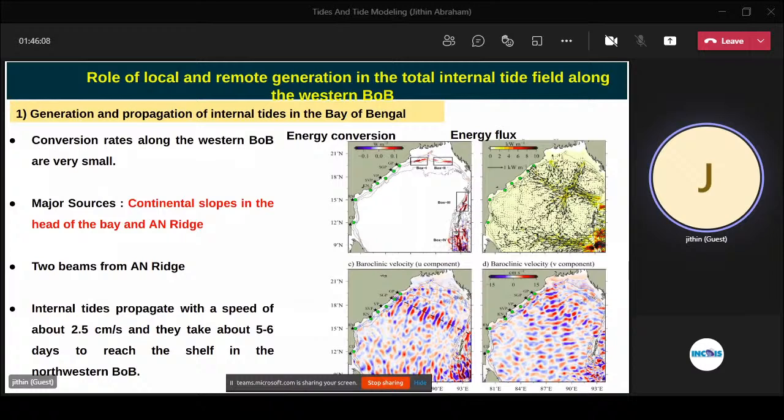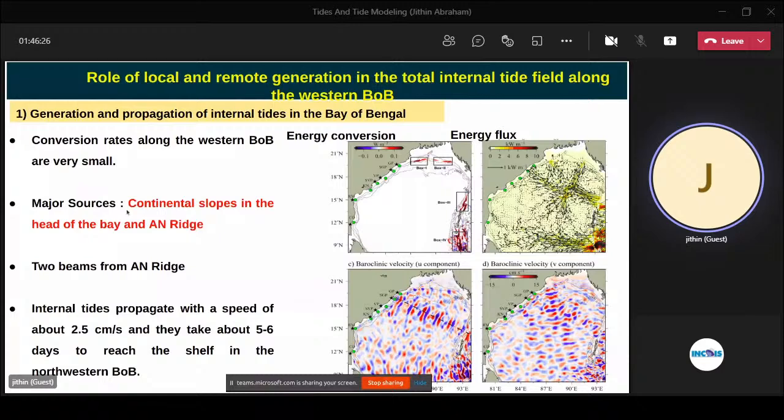The internal tides generated in this area propagate all the way to the east coast of India, and it is estimated that about 80% of the energy observed along the east coast of India is coming from the Andaman area.